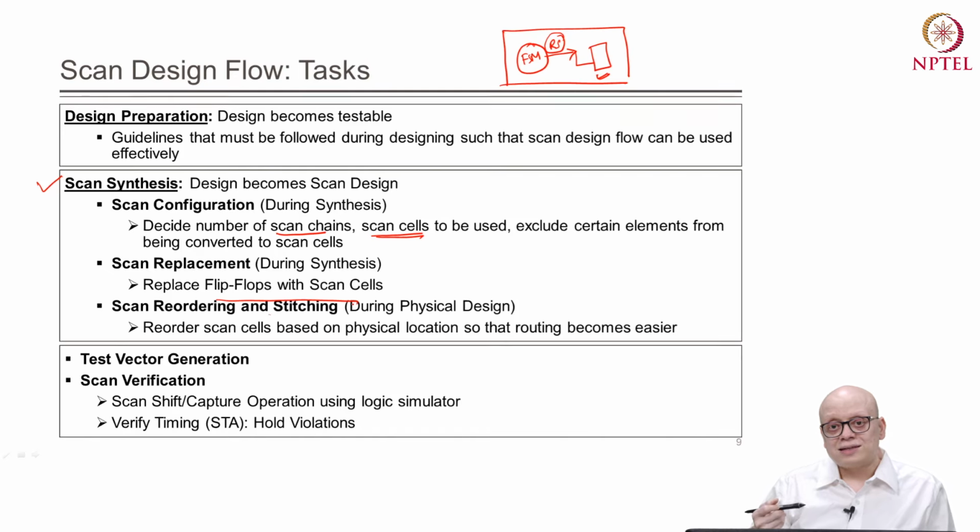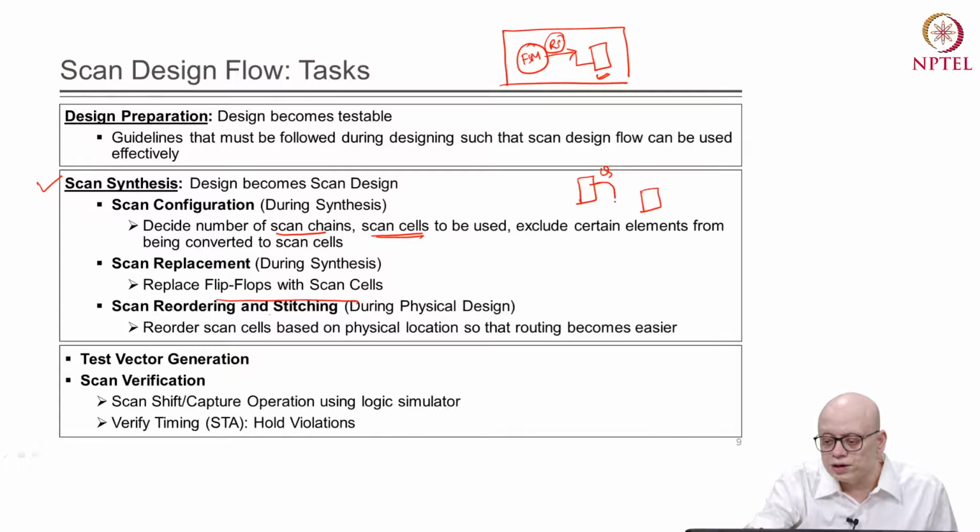once we do scan cell insertion, there is a shift register kind of structure, right. You have a Q pin of one scan cell going to the SI pin of the next scan cell, and there are no circuit elements between them, right.